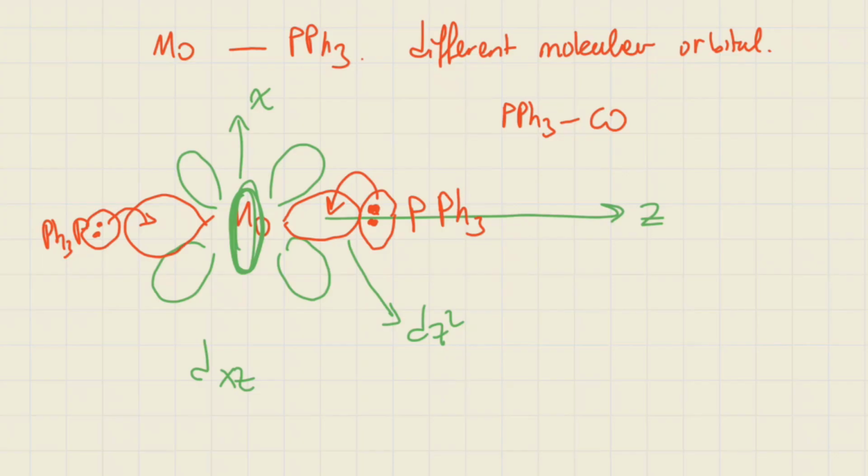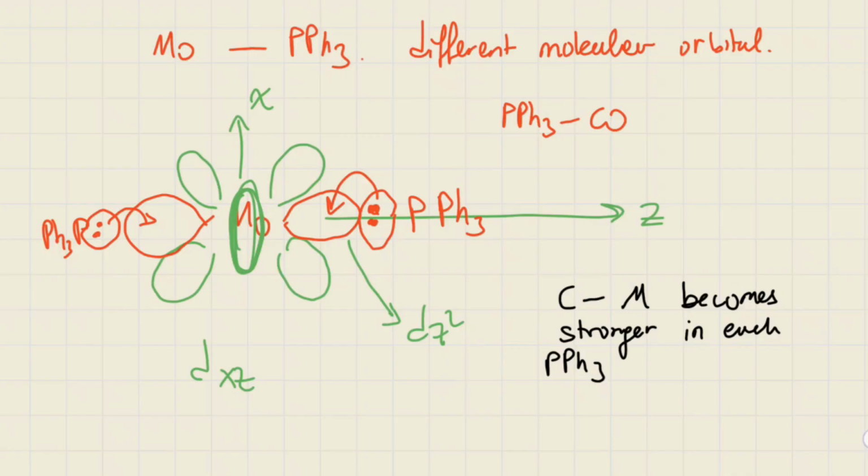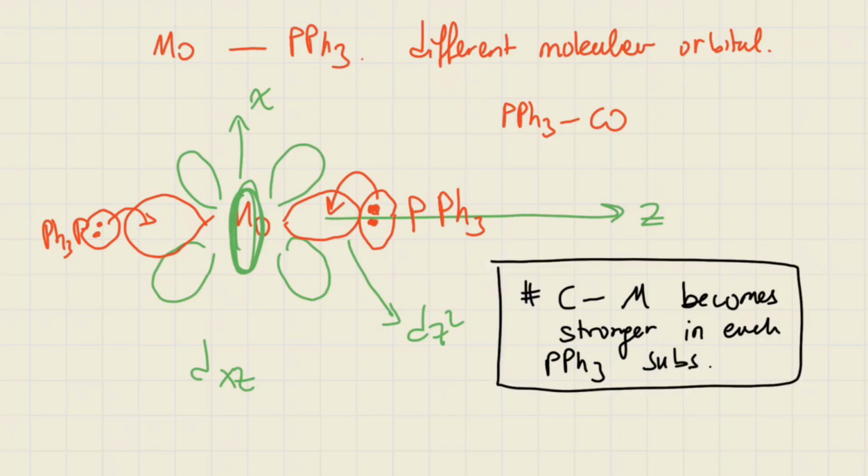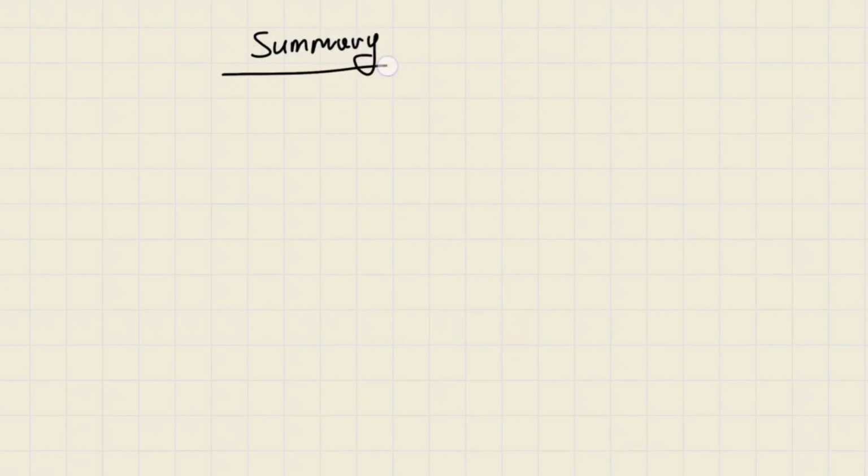But the important point is why we can't substitute more: the carbon metal bond becomes stronger in each phosphine ligand substitution. So this is the answer of this problem, but I wanted to show also the trans effect on the substitution. So I want to summarize the events, since this is important.